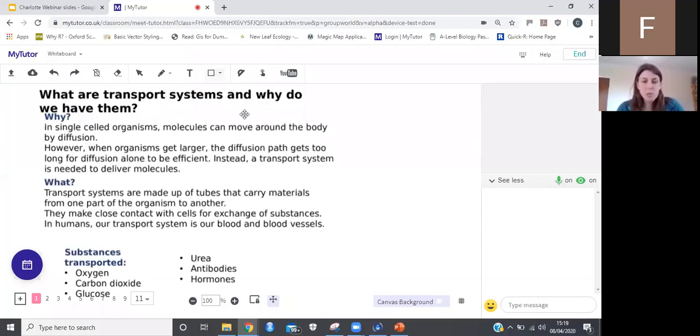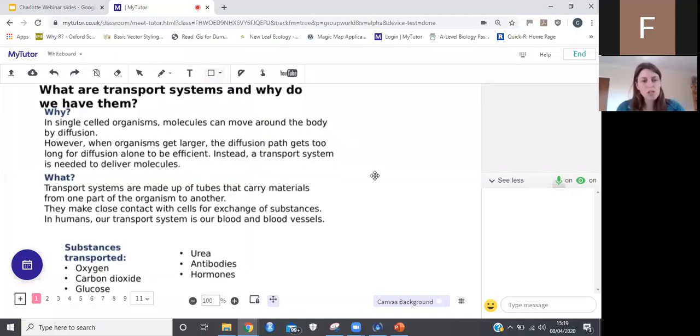So instead, we need a transport system to deliver the molecules that we need to the cells around our body. And in humans, our transport system is our blood vessels and our blood itself. Like anything in our bodies, it is very efficient and well thought out after thousands of years of evolution.